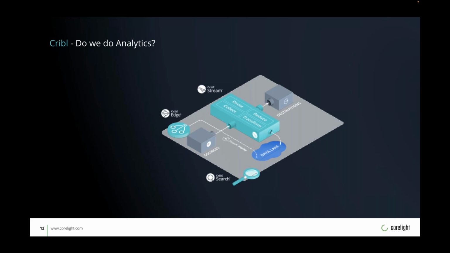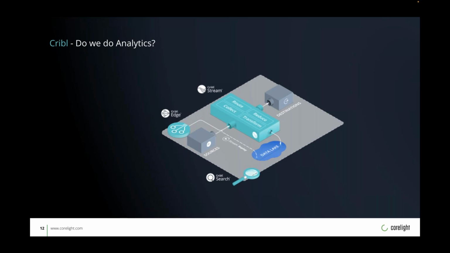But just so you know, Cribl Edge is effectively an agent that sits on Windows and Linux servers, and it does the collection, provided you don't want to use your own agent or any other type of collection for the servers. Cribl Edge is managed by the same instance that manages Cribl Stream, but it's an agent that sits there, and it can do transformations on the data as it sits on the edge.